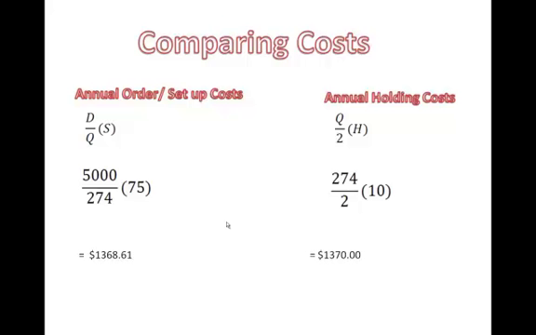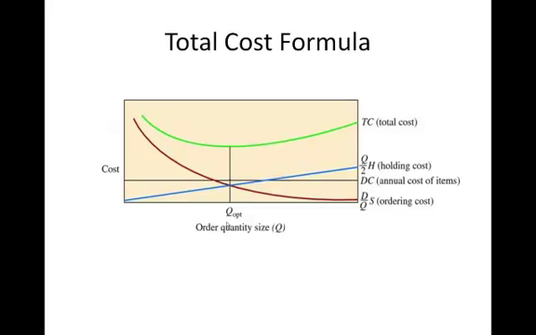If your first thought is, gee, those numbers are almost the same, well, you're right, those numbers are almost the same. Let's take a look at the total cost graph. If you take a look at the X and Y axis, we see the X axis has the order quantity size, and the Y axis is the cost.